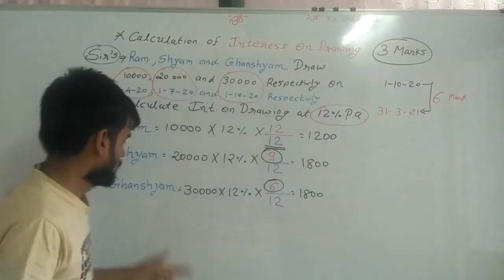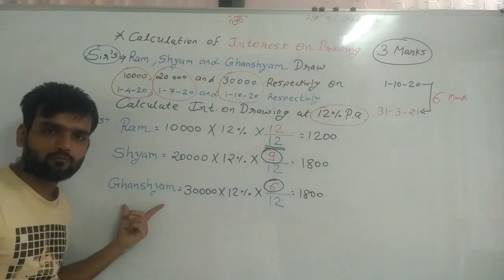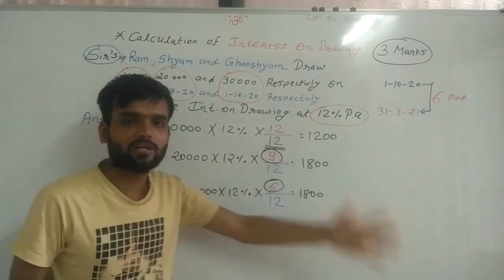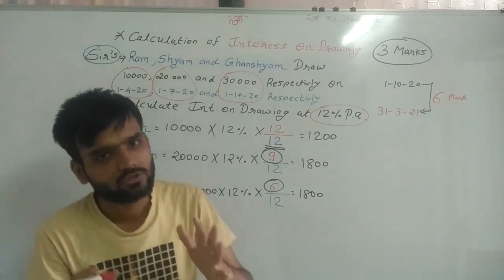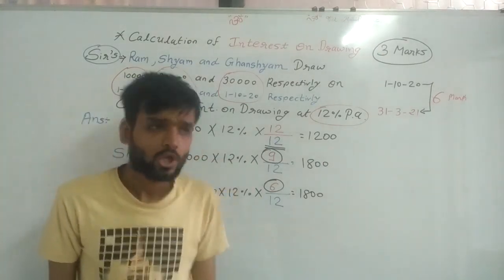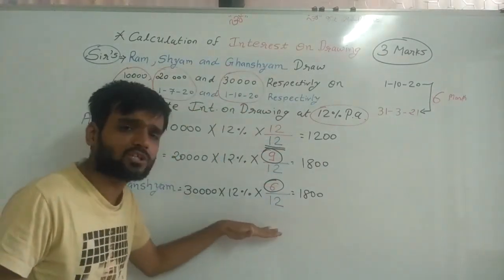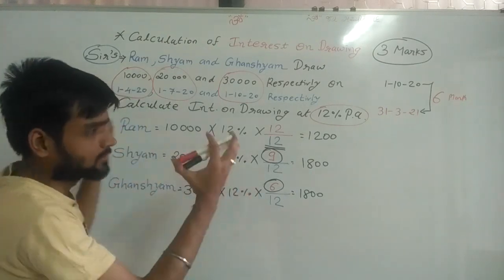Now, the firm has to receive 1,800 from Ghanshyam as interest on drawing. So this is the calculation of interest on drawing for all partners.